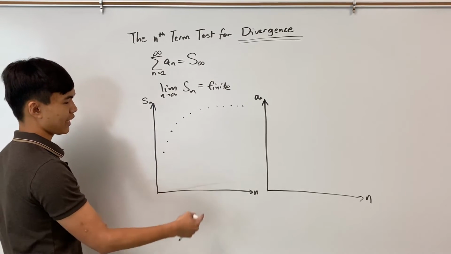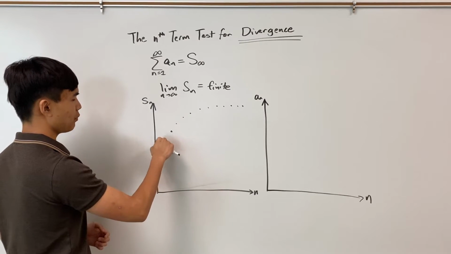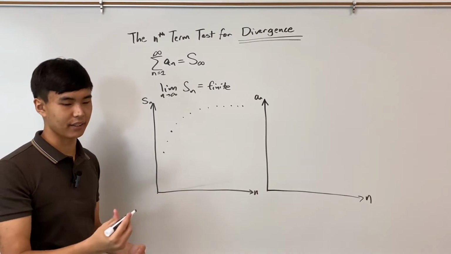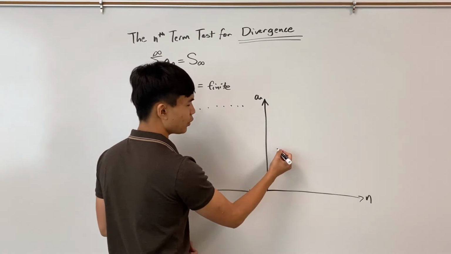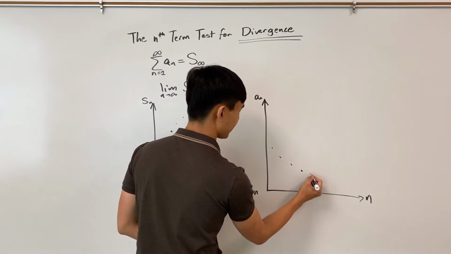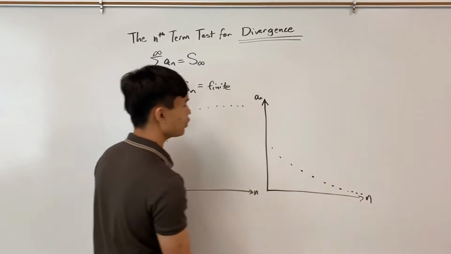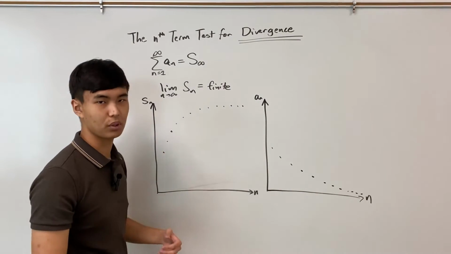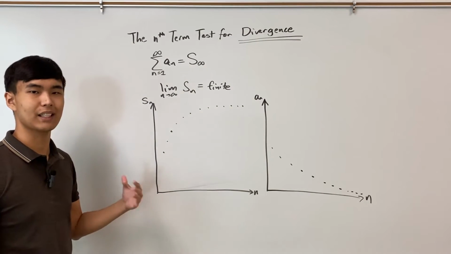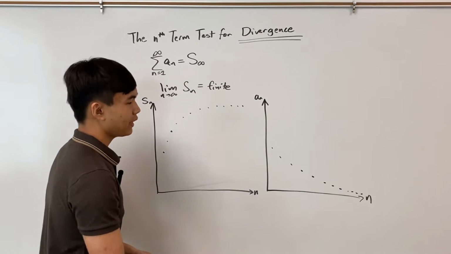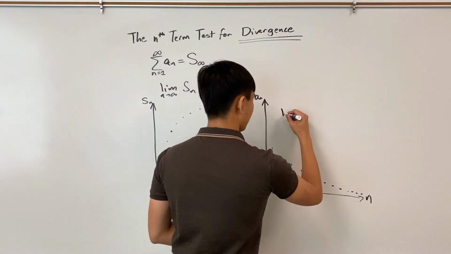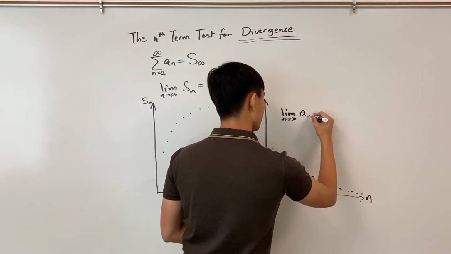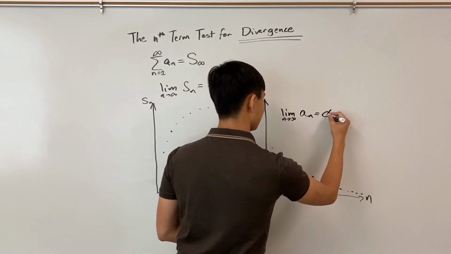Notice that for this to happen, we're adding a smaller value to each sum every time we increase n. That means the sequence here must do something like this. The sequence must eventually decrease to 0 to make these additions negligible for the sum to settle on a finite value. Mathematically, we can represent this as the limit as n goes to infinity of the sequence A being 0.